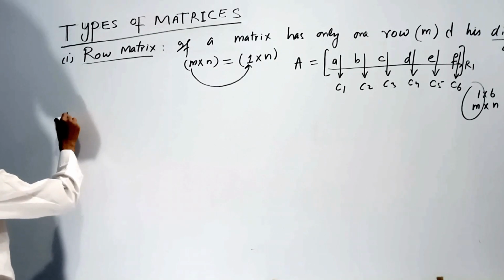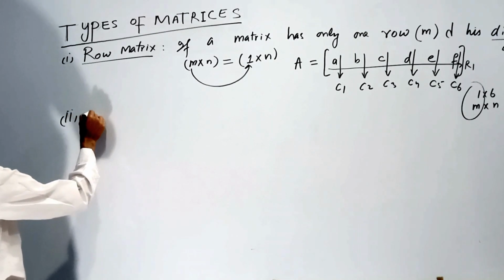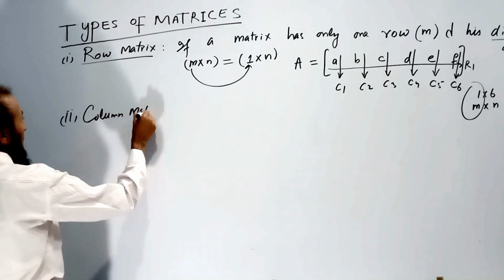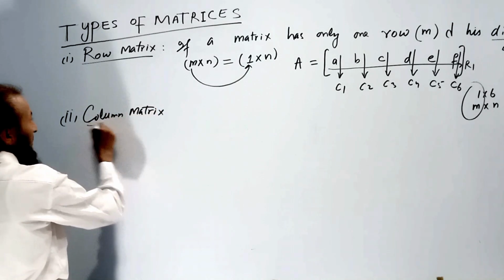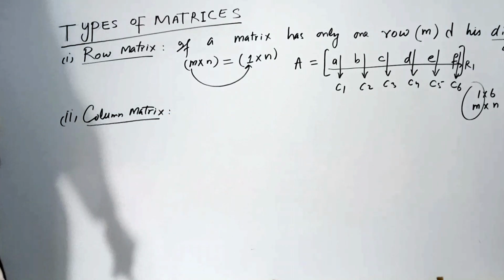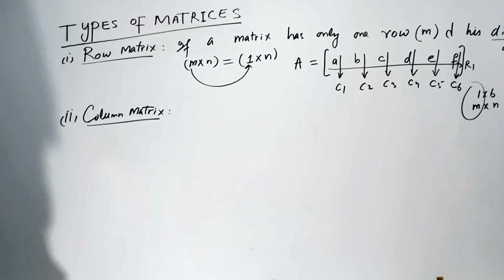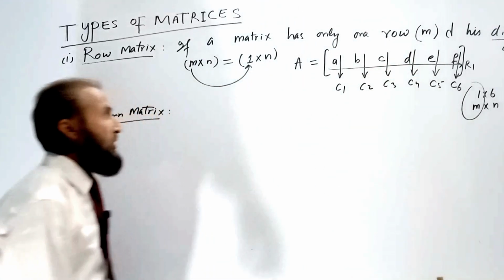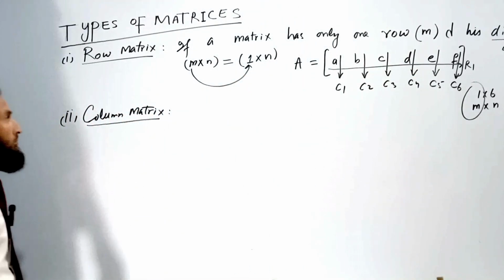Now we are going to the second type, the column matrix. What is a column matrix? The same definition we applied, but we just change this statement. In place of one row, we use one column.